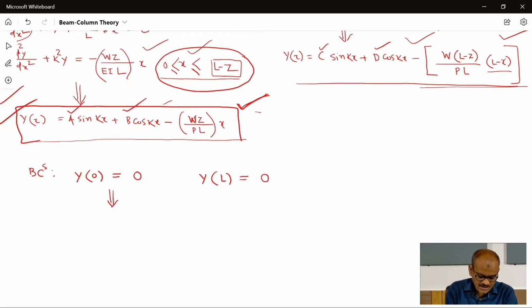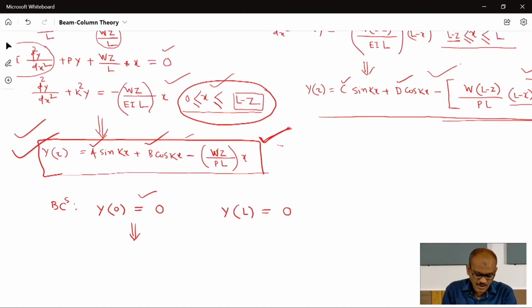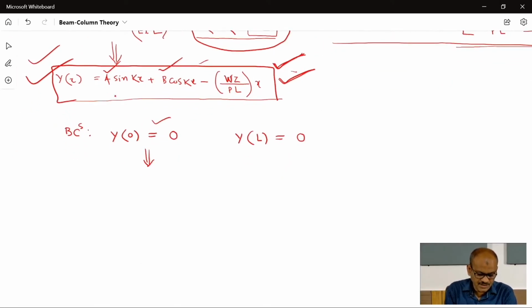This at x is equal to 0 satisfies this equation. Means if you see the range, x is greater than or equal to 0, x is less than L minus z, so this is satisfied. If you substitute in this equation this boundary condition, it will come b is equal to 0.